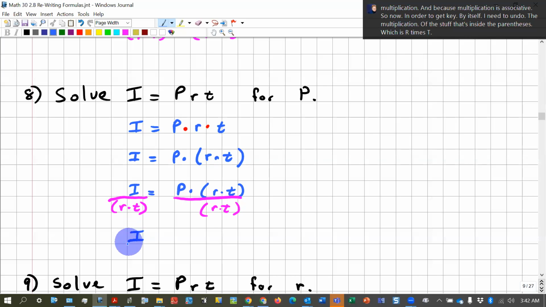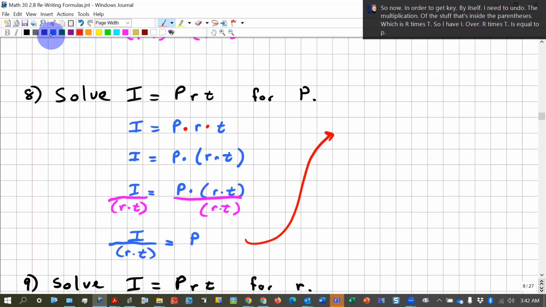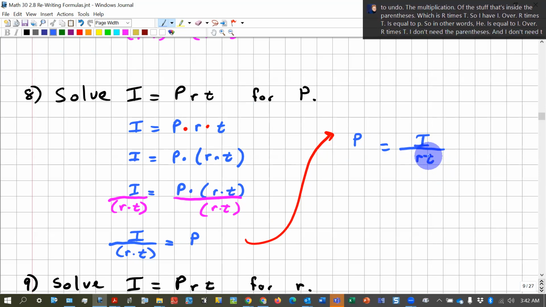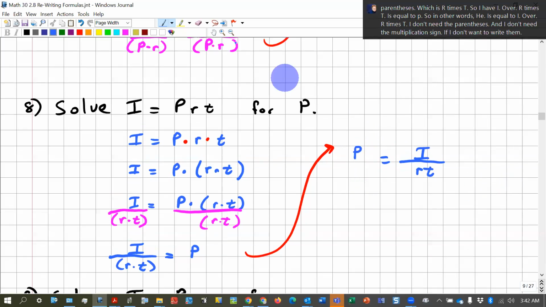So I have I over r times t is equal to p. So in other words, p is equal to I over r times t. I don't need the parentheses and I don't need the multiplication sign if I don't want to write them. I may write them. I don't need to write them.